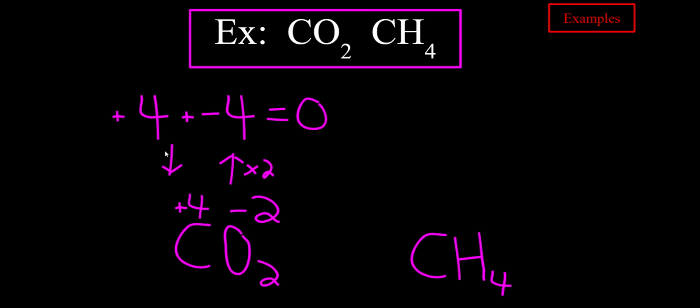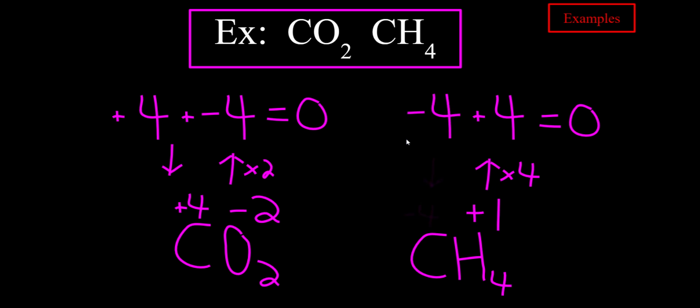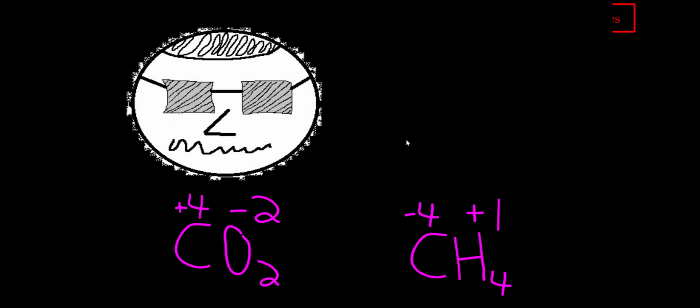And in methane, I'm going to start with the hydrogen. Hydrogen is +1 because it is with a non-metal. I think I said that wrong. And that's going to add up. So in this case, carbon's going to change to a -4.